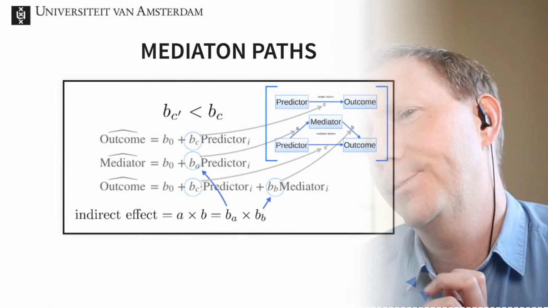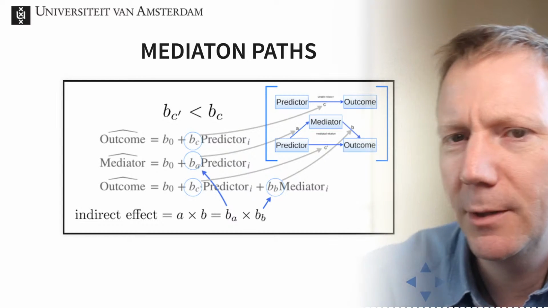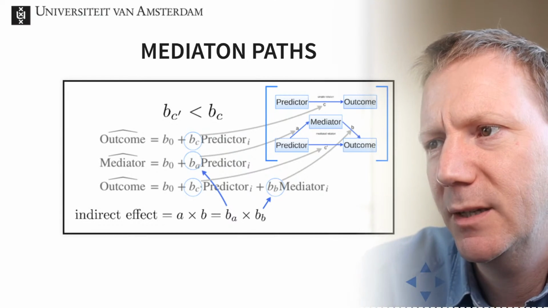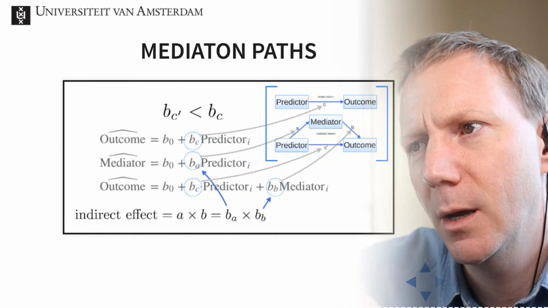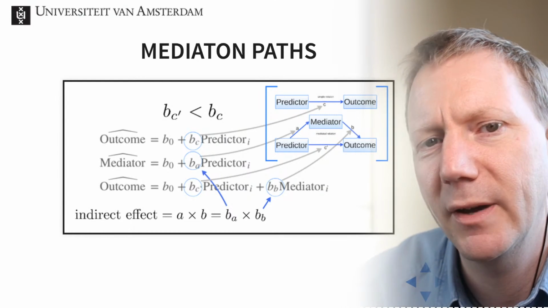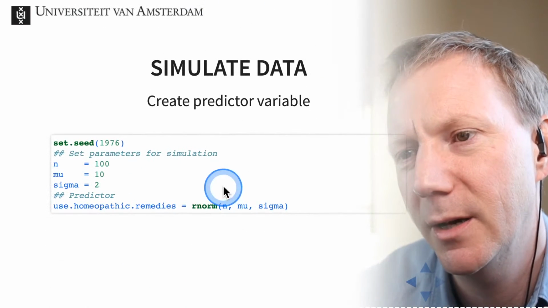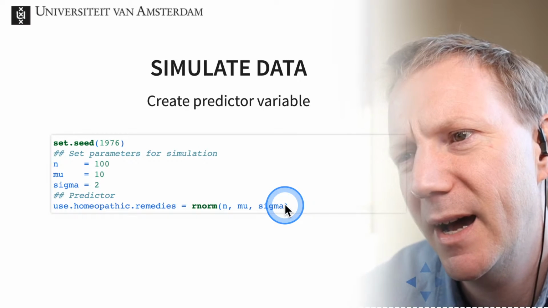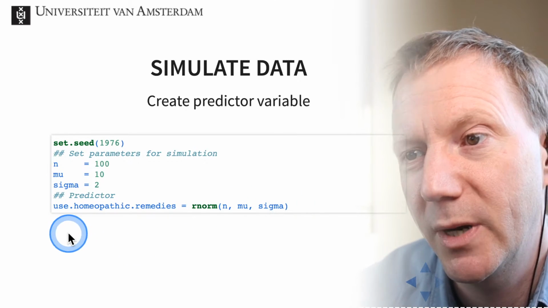Okay, because we can now see that there's a relation between the mediation pathways that we have and the regression models. So if I want to simulate these results, then I can determine a few of these predictor variables.